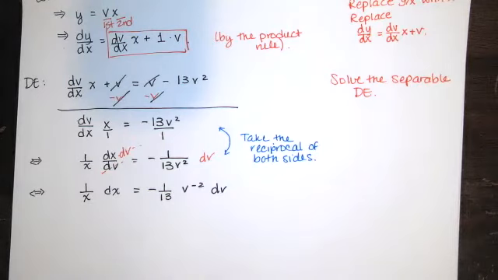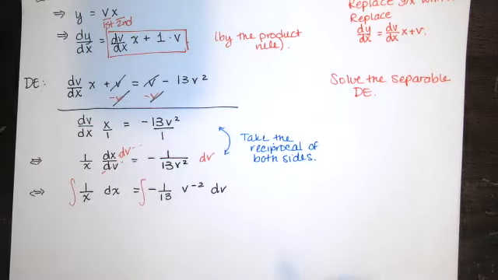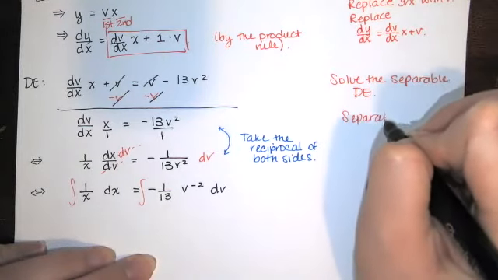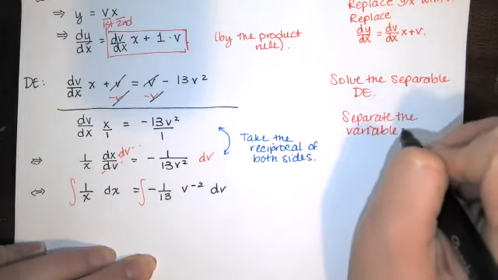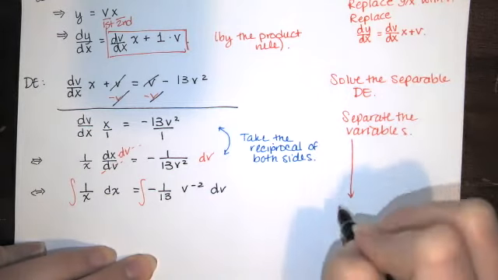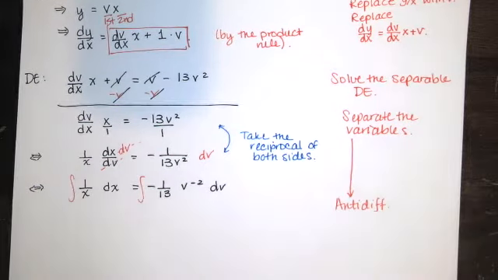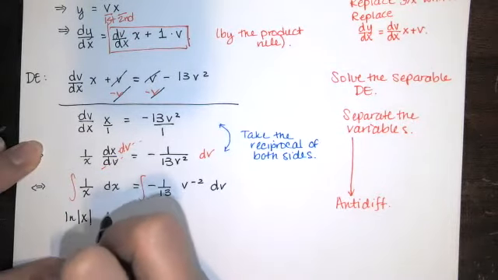And then you just anti-differentiate each side with respect to the variable that's there. The antiderivative of 1 over x is natural log of the absolute value of x.